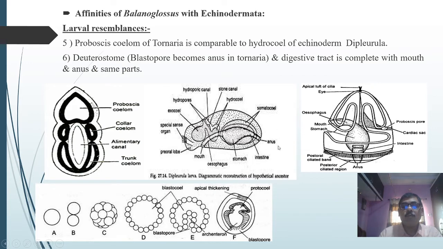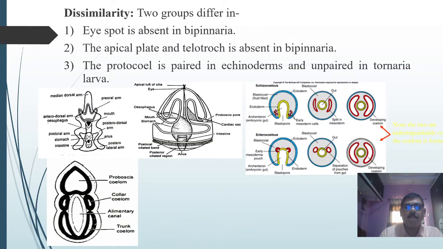So both larvae, the dipleurula larva as well as the Tornaria larva, have a complete digestive tract with mouth and anus along with esophagus, stomach and intestine, and the hydrocoel is comparable to the proboscis coelom of the Tornaria larva. So these are the six affinities, sorry, the larval resemblances or larval affinities of Balanoglossus with the Echinoderm larva. Then next, the dissimilarity in this.